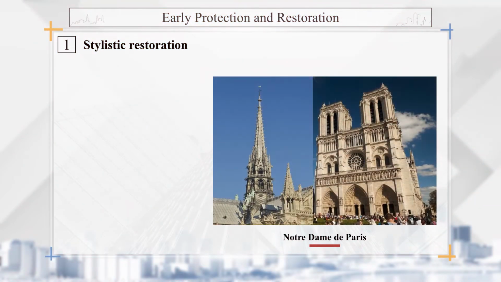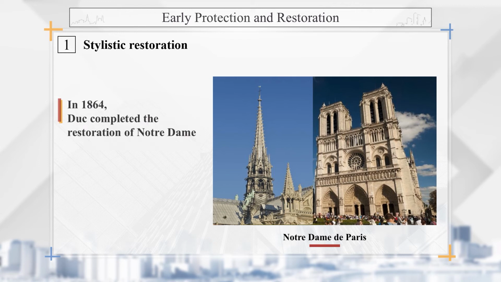Promoting a massive restoration in the mid-19th century, in 1864, Viollet-le-Duc completed the restoration of Notre Dame, creating windows, sculptures, and mirrors based on other medieval French architectural sculptures as copies of their original designs.